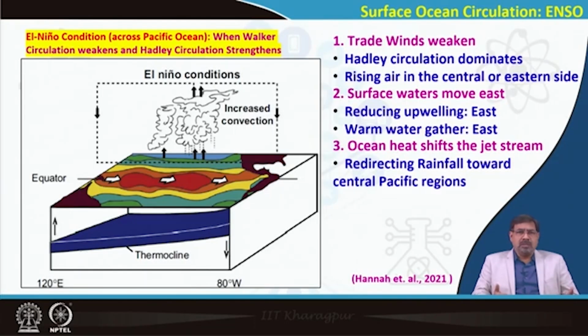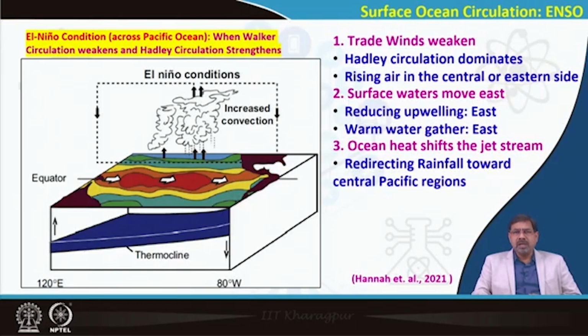So, the figure depicted on the left hand side shows the El Nino conditions and the increased convection activities, and the 3-dimensional box represents the region between 120 degrees eastern to 80 degrees western longitude, and the equator is shown in the middle, where the arrows are shown in terms of the red or warmer region in contrast to the adjoining colder region. So, you have an increased convection in the polar region in comparison to the equator.